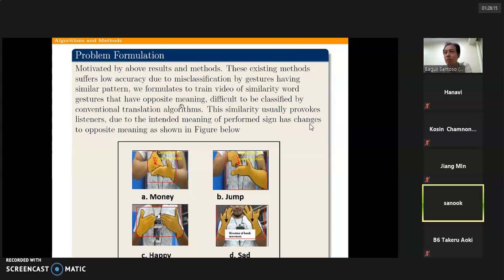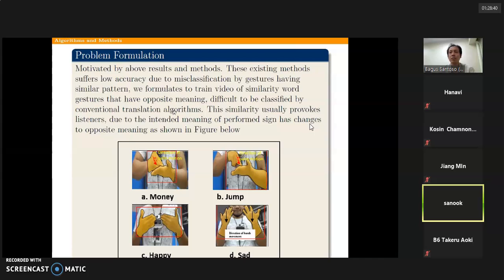So we try to develop a system that solves the issue of similarity. This system chooses highly correlated American Sign Language gestures that have opposite meanings, not like in the previous methods where they just selected the data and extracted features, but most of those features are not enough to give a representation of the gesture.